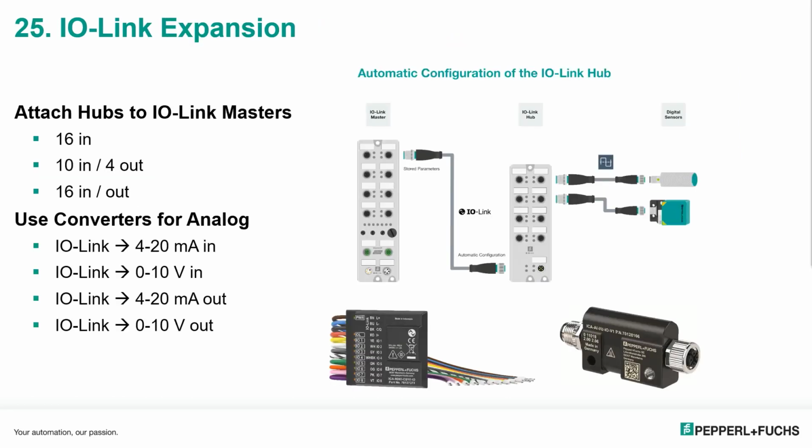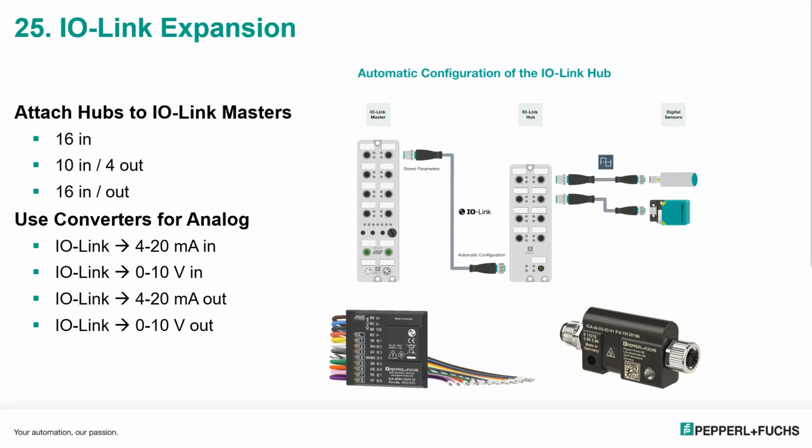The third way IO-Link is often used is with the hubs for basic expansion. Unfortunately, your sensors are still either digital or analog or something like that, but what it allows you to do is take a lot of sensors or a lot of outputs into one consolidation IO-Link master device.